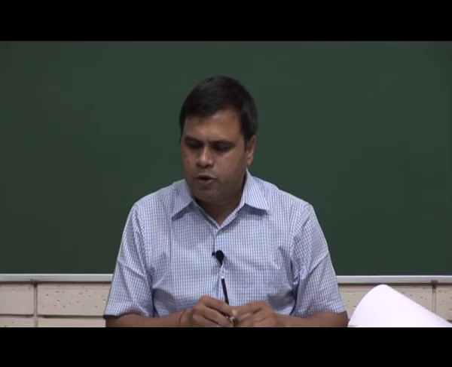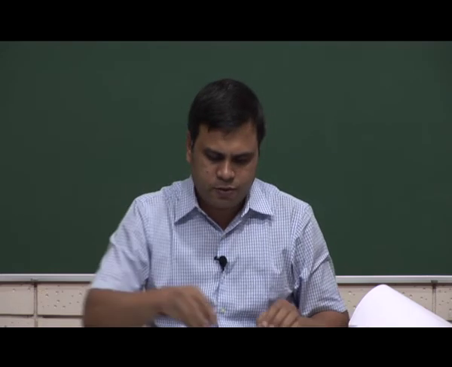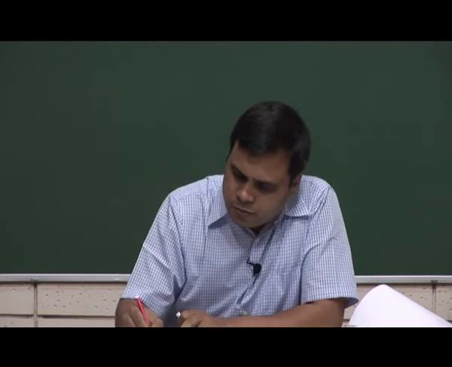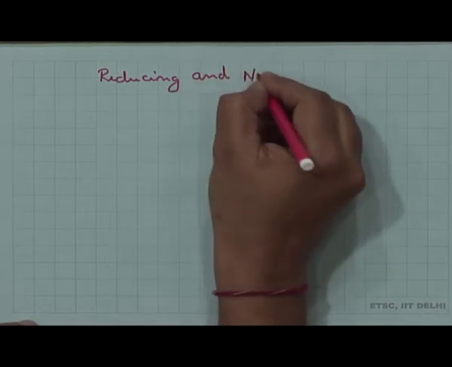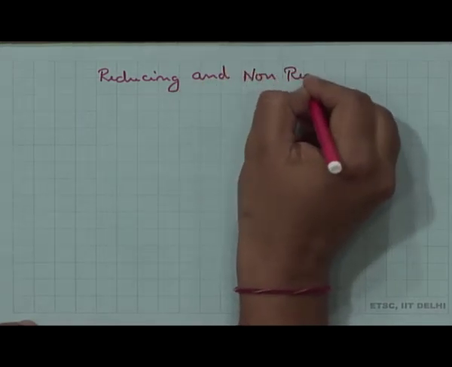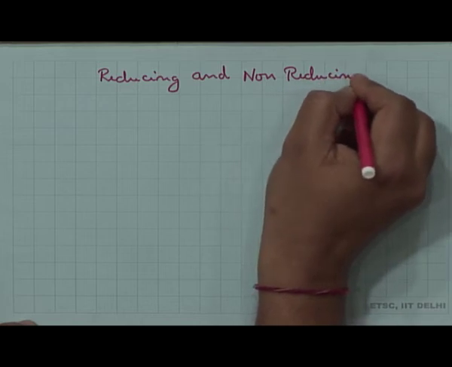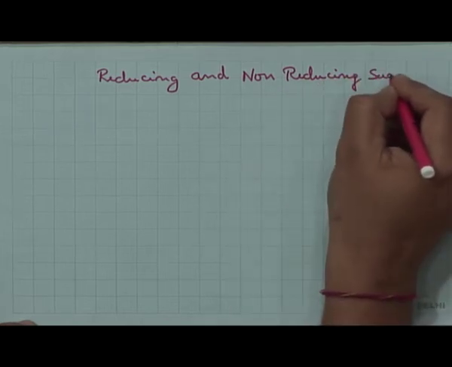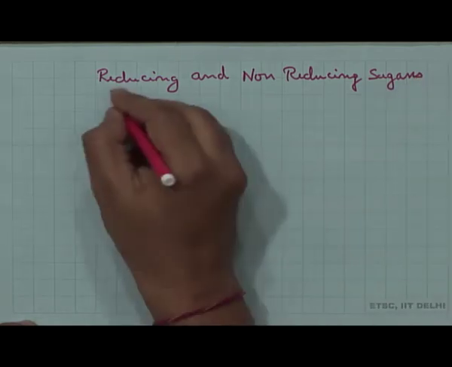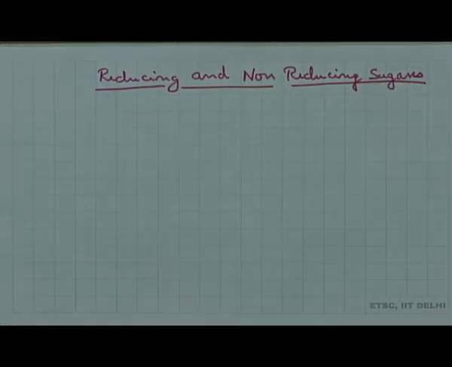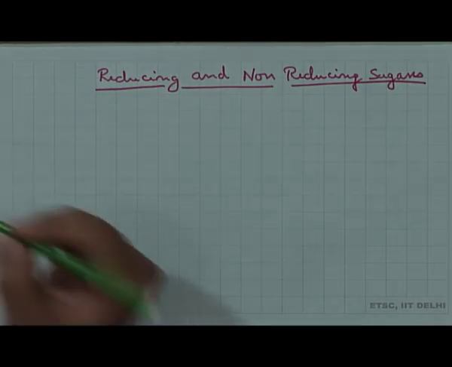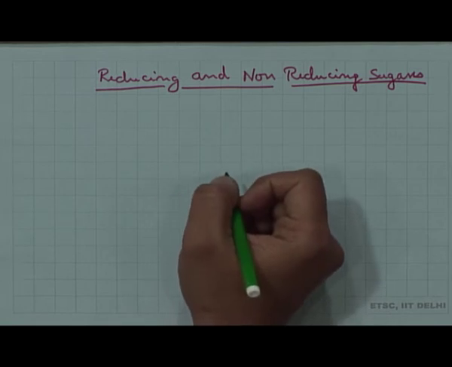Now, I will talk about reducing and non-reducing sugars. Because glycosides are acetals, they are not in equilibrium with the open chain.